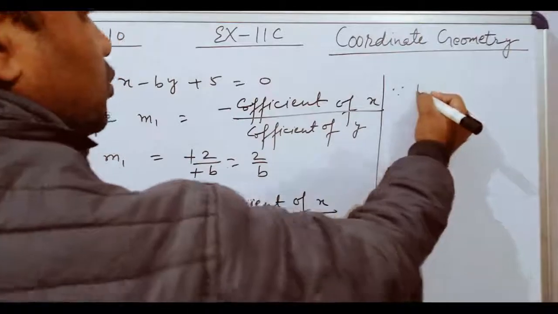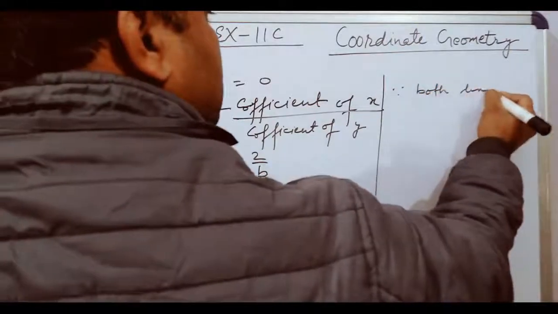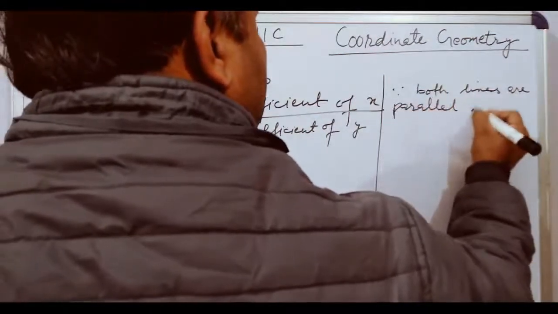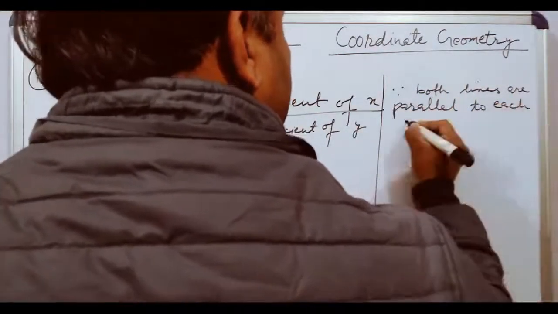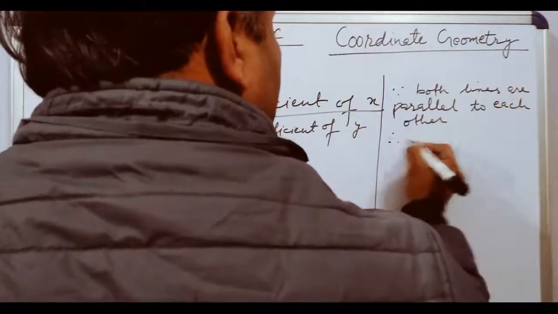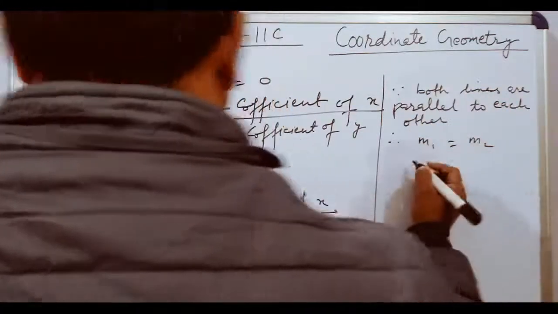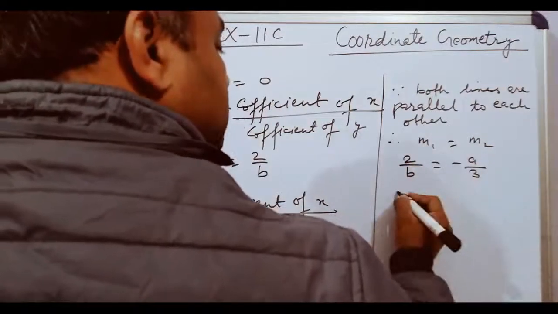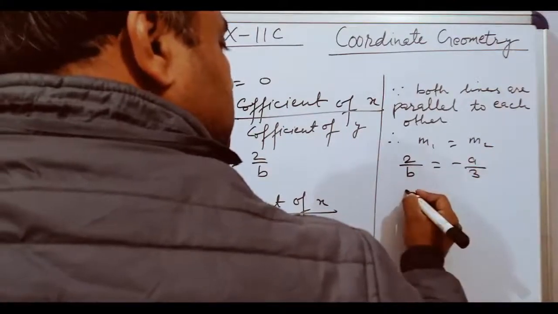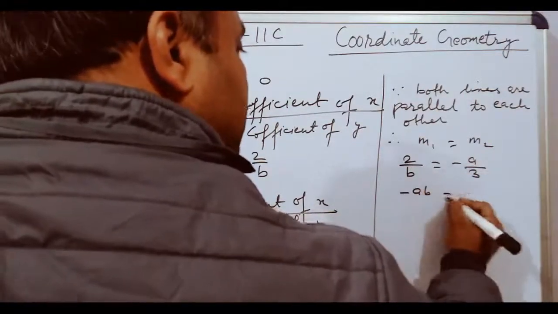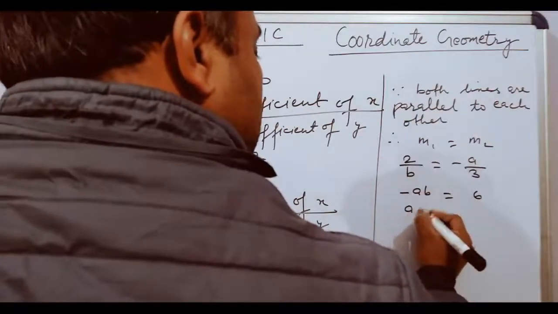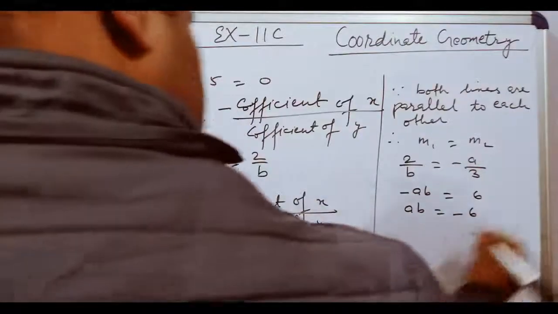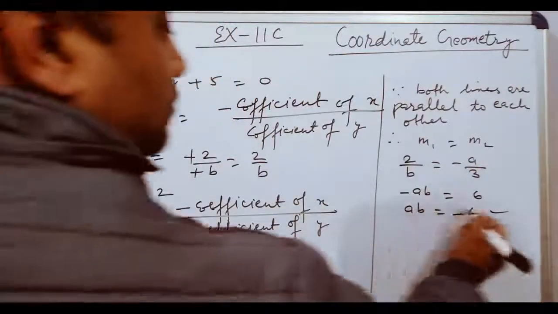Since both lines are parallel to each other, m1 equal to m2, so 2 upon b equal to minus a upon 3. Cross multiplication gives minus ab equal to 6, so ab equal to minus 6.